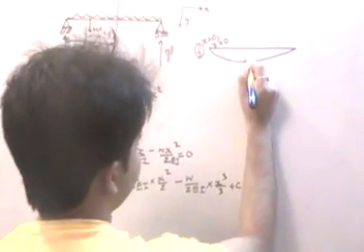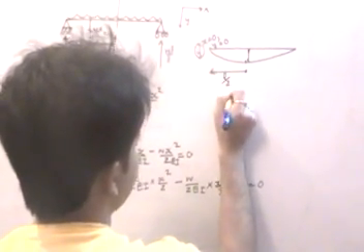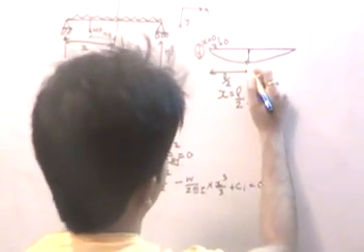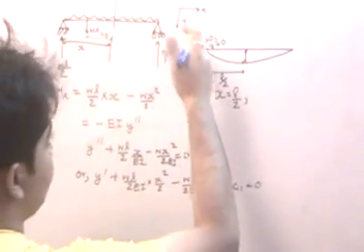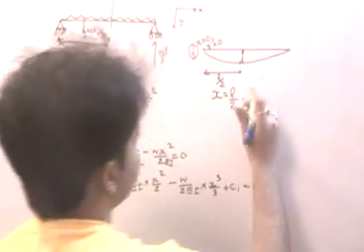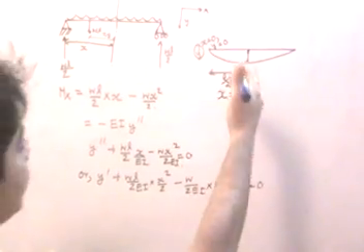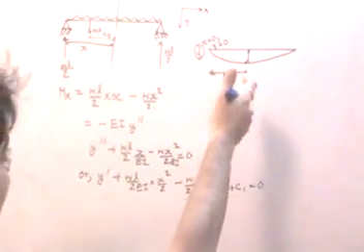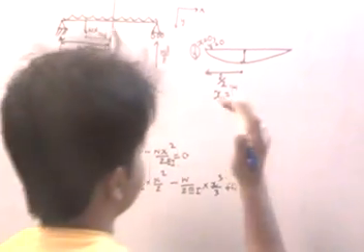At x is equal to L by 2 I am having the maximum value, because the bending moment goes from an increasing function to a decreasing function, so this will be the point where the maximum bending moment occurs. At the point of maximum bending moment we know that the slope of the bending moment diagram is 0, or the shear force is equal to 0.